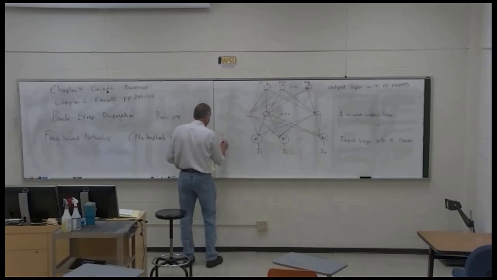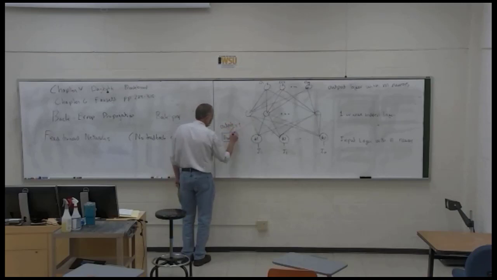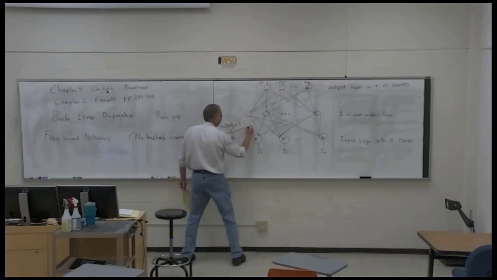And then almost always we'll put in what's called a bias neuron. And it'll be called number 0. And it always outputs a 1. And it will typically be connected to every neuron in the network.